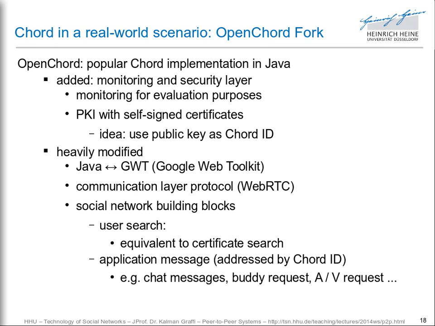This is equivalent to a certificate search, which we can see on the next slide. And we also implemented application messages, and we use the Chord ID to address nodes. So we can, for example, send chat messages, buddy requests, or audio-video requests with these application messages.